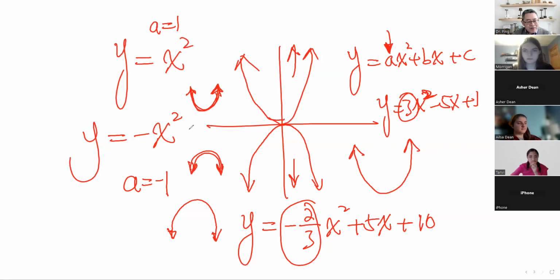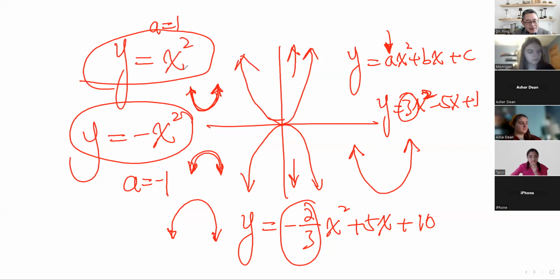Another way is to just check these two functions. If you want to graph this one, you get it like this. If you want to graph that, it's going down. So positive goes up, concave up; negative, concave down. Positive is up, negative is down. Good.